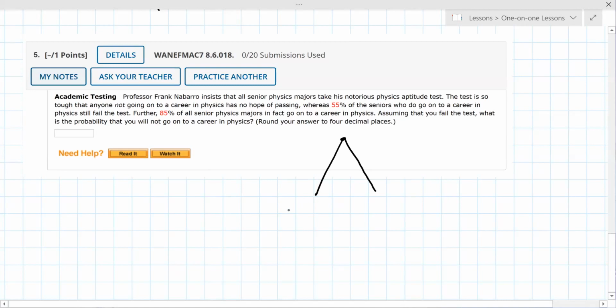So there's career in physics, I guess. We'll start with that. Career in physics, that's 55%. And those that don't go on to a career in physics, that's 0.45. Physics majors, in fact, 85% of all physics majors, in fact, go on to a career in physics.